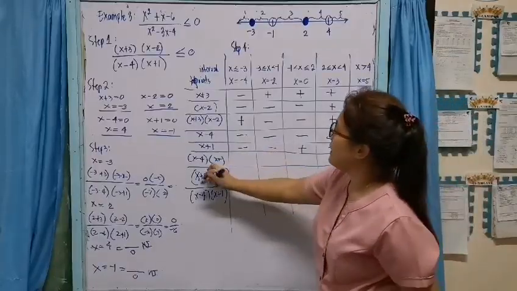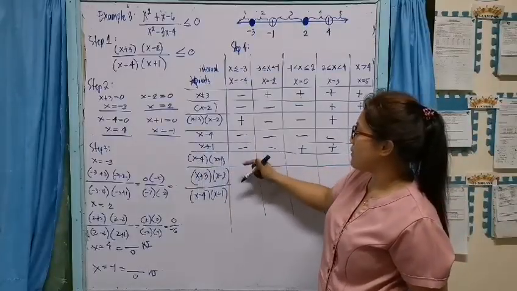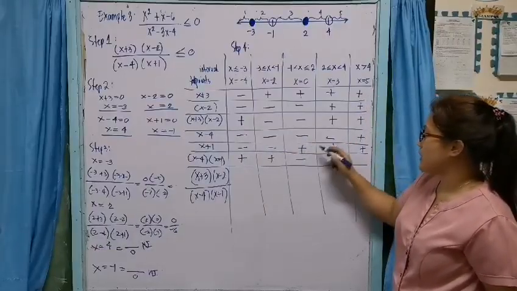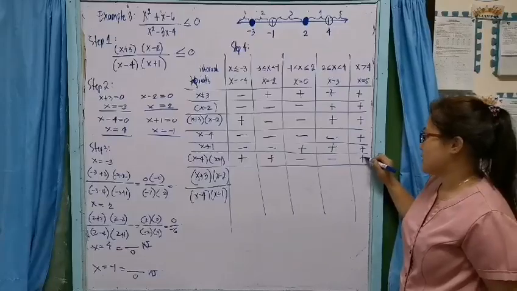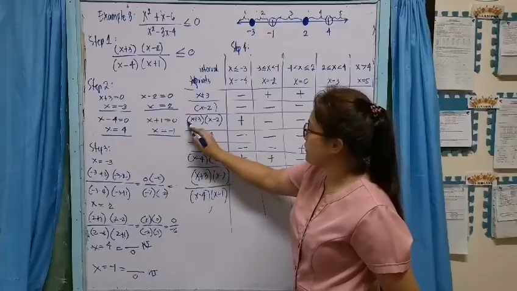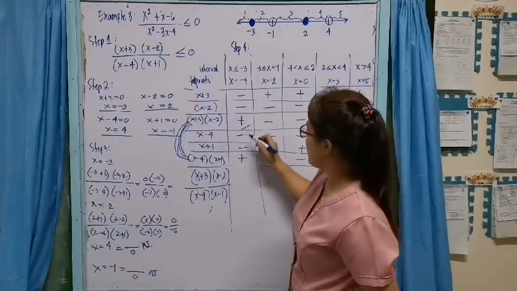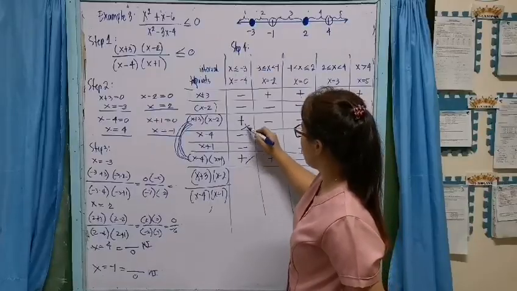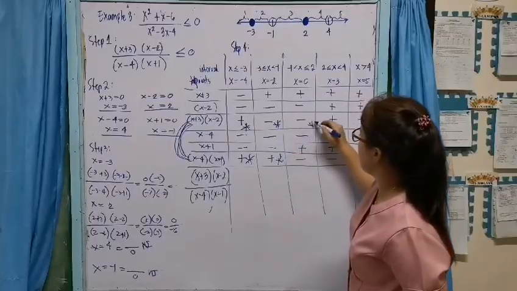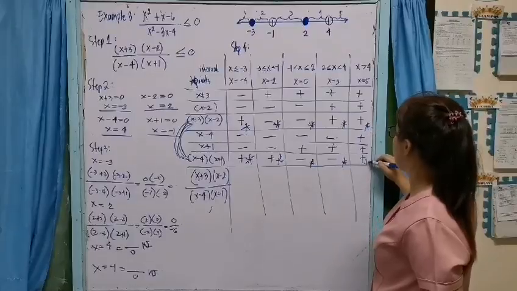Then you multiply again, x minus 4 and x plus 1. Negative times negative, positive. Positive, negative times positive, negative. Negative, and then positive. Referring to these, you put the asterisk.